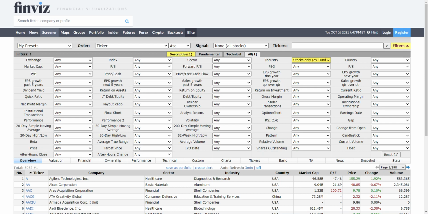What does the 200-day simple moving average mean? As you can see, it tells us that the 200-day simple moving average is the average, the mean, of the previous 200 days' closing prices.